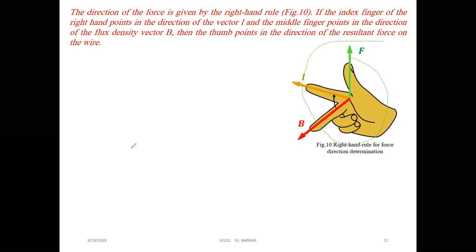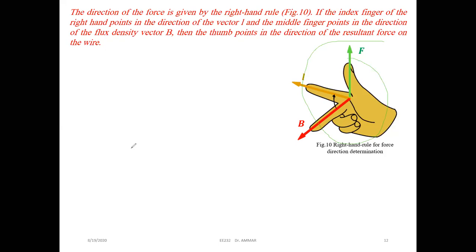So here in this hand we open 3 fingers, not like the previous case, where the 4 fingers are closed and we have only the thumb. In this case we open 3 fingers. The index points in the direction of L, which is the length.